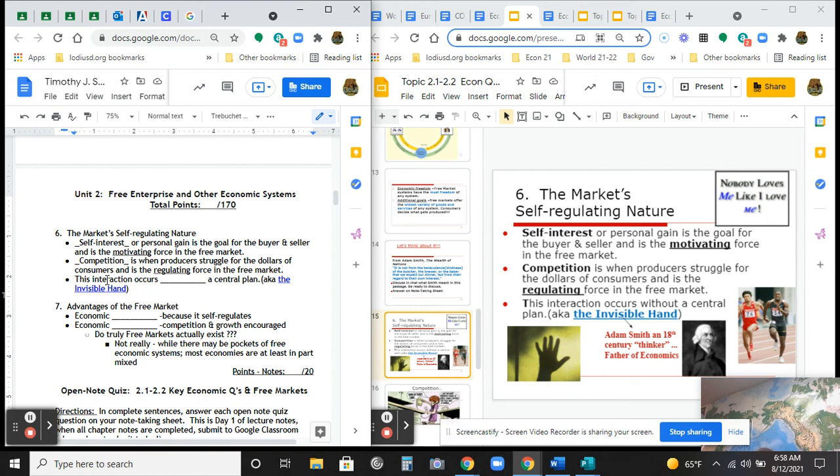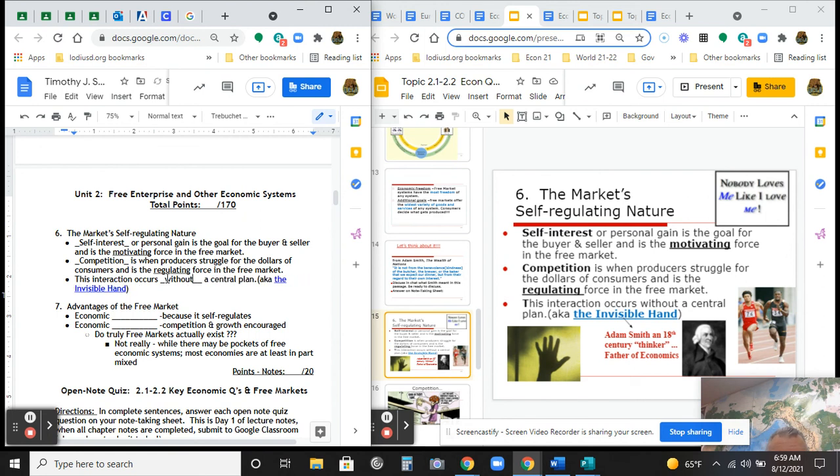By having multiple companies, it keeps the other one from either charging too much or slipping on quality control because you could make another choice. This interaction of the market and consumers is described as the invisible hand of the economy, and it really is what makes the economy self-regulating. So there is no central plan because there need not be any central plan.